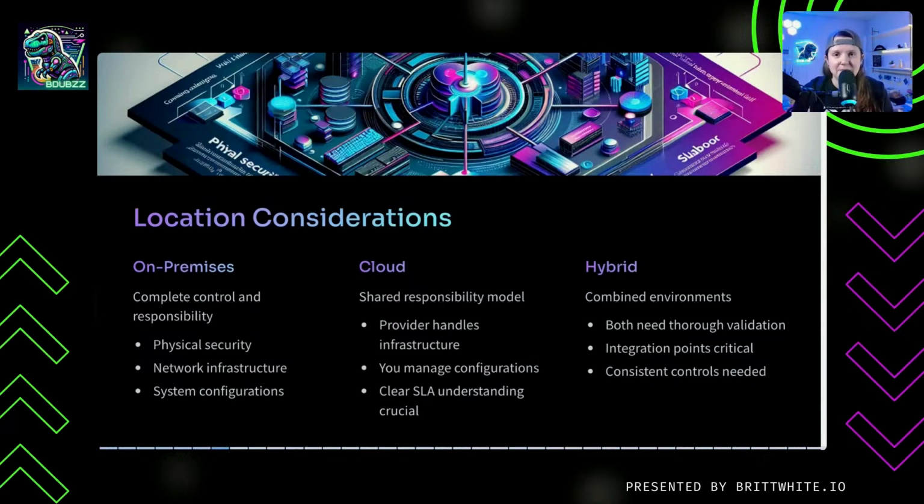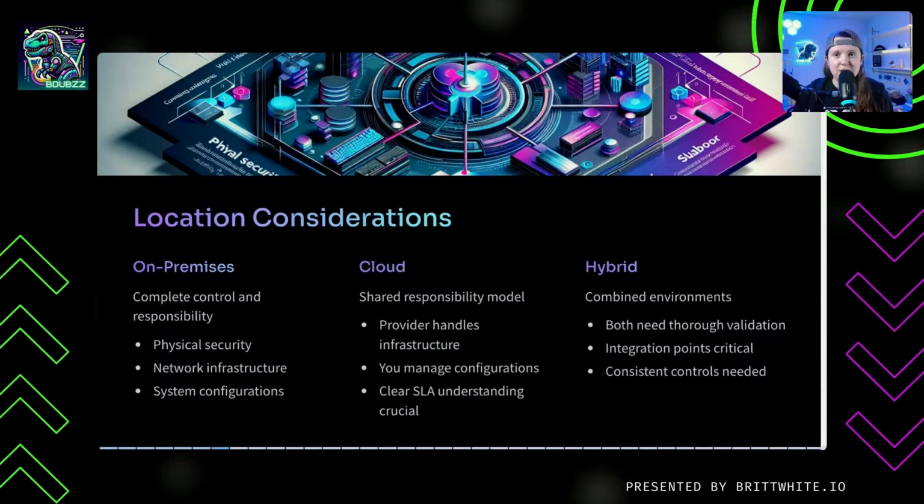Hybrid environments present unique challenges, combining both on-prem and cloud infrastructure. 3 critical aspects require our attention here. First, both environments need thorough security validation, no cutting corners. Second, pay special attention to any integration points between on-prem and cloud systems, as these connection points often conceal vulnerabilities.